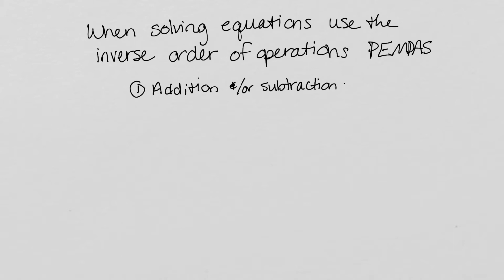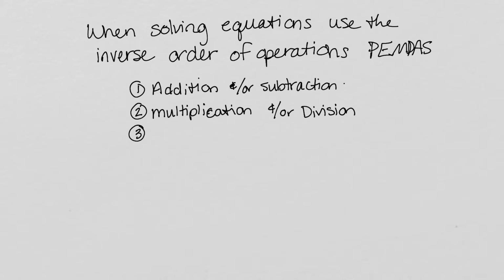Okay, if there's nothing that needs to be added or subtracted to both sides, or once you do that, you move on to number 2, and that's where you're going to do the multiplication and or division. Can't write, I'm sorry. So you always do addition and subtraction first, then multiply or divide.